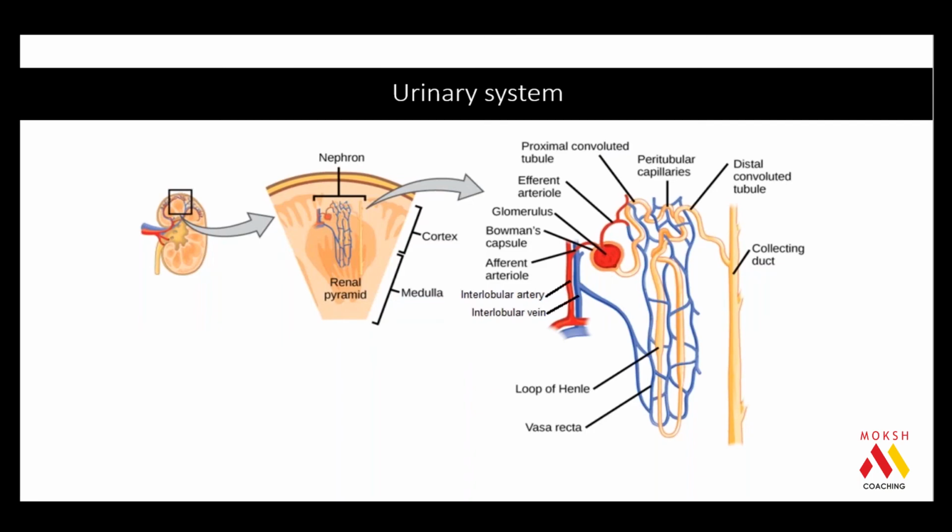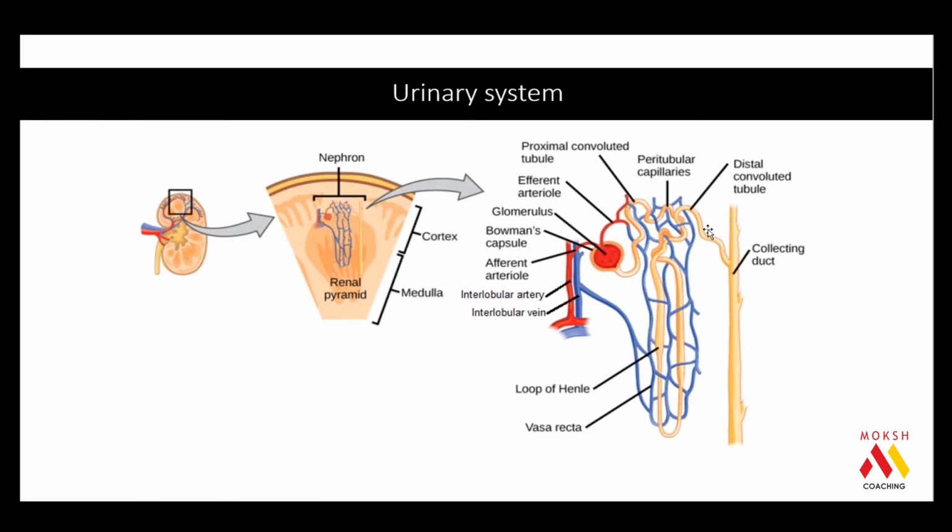The distal convoluted tubule is mainly responsive to aldosterone and vasopressin. Whenever there's a decrease of volume in the system, your aldosterone is going to be increased.